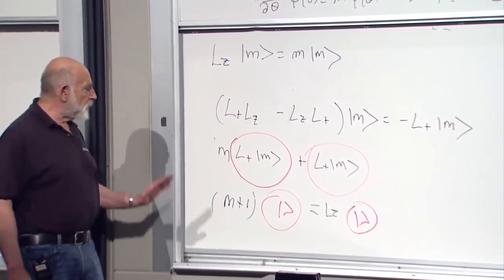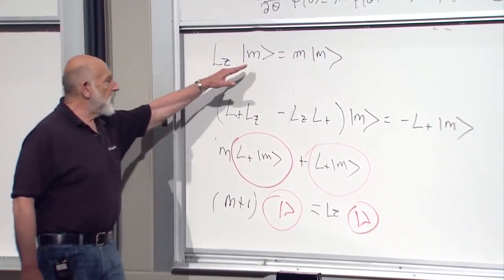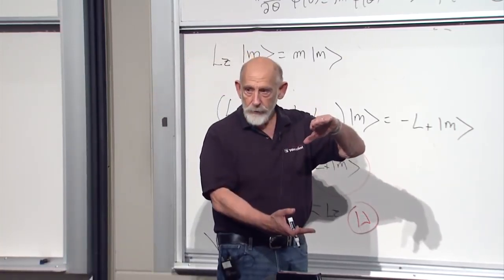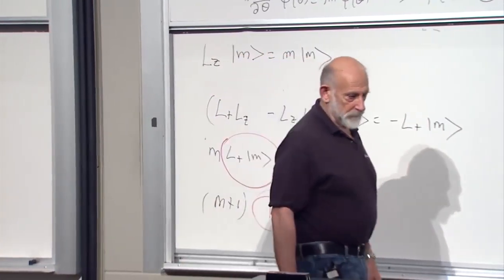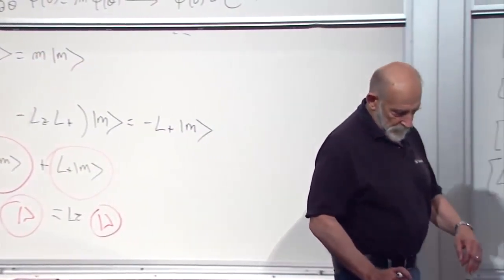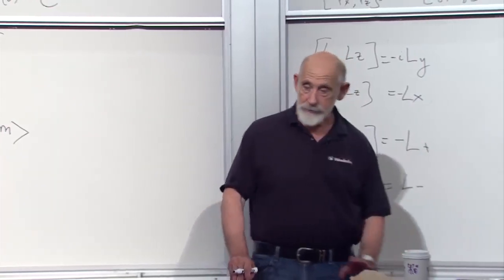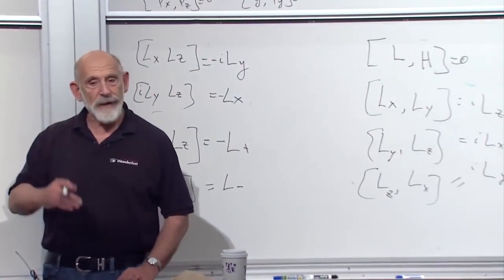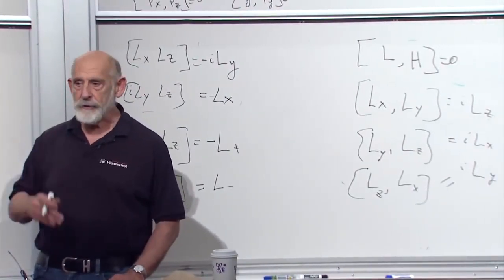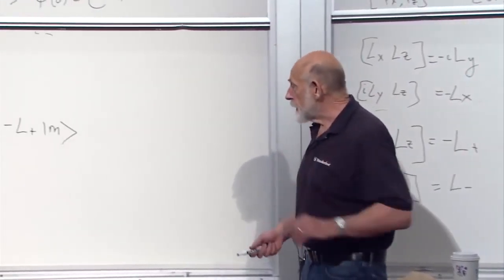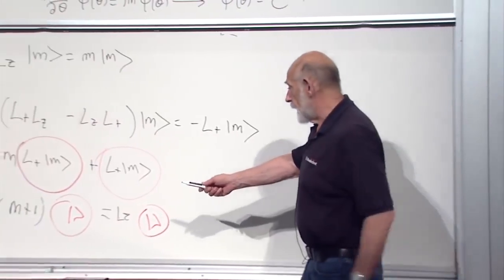If we did the same thing with L minus, we would again discover another eigenvector with 1 lower unit. So we've used the simple algebra of commutators to generate a spectrum of values of Lz. And what's more, they're separated by integers.